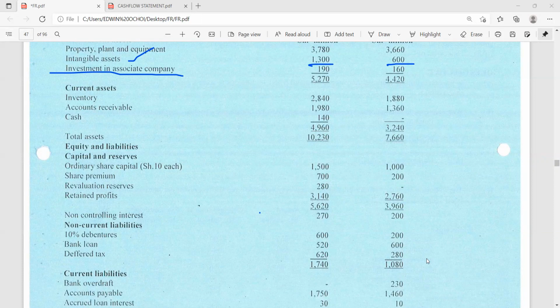are you seeing it under the equities and liabilities? It's a yes or no? I'm not seeing NCI under equity and liabilities. Non-controlling interest.